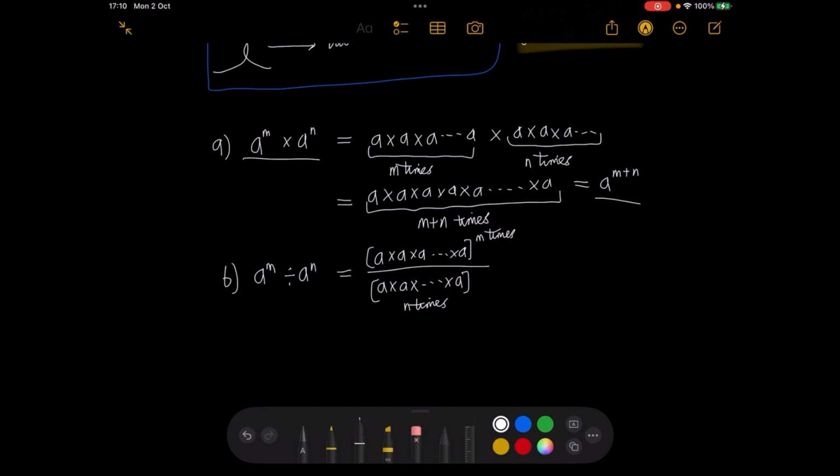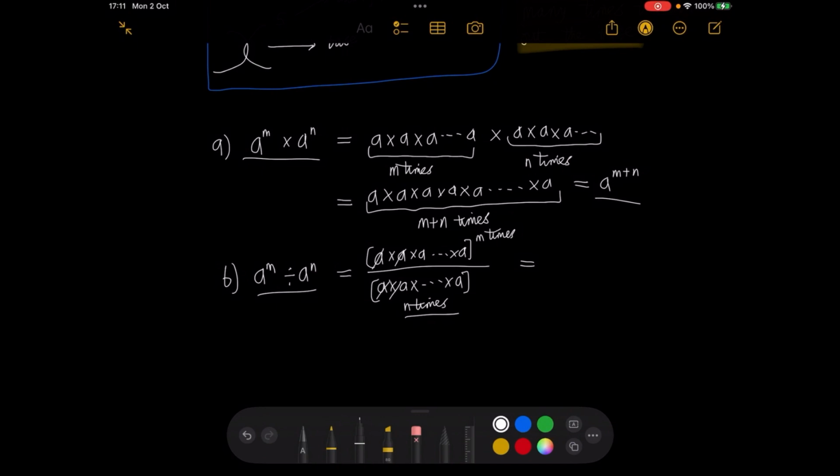You can see this is the same as this expression because the fraction just means division by a to the n. So we're allowed to cancel out some of these a's now. And how many times can we cancel the a's? Well, we've got n on the bottom, so we can cancel exactly n times.